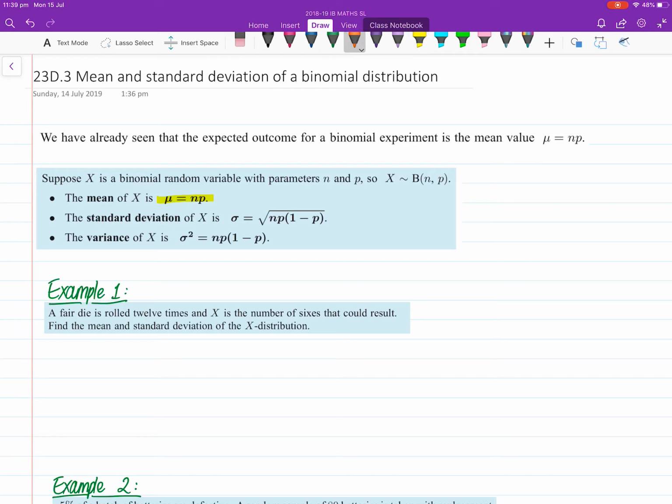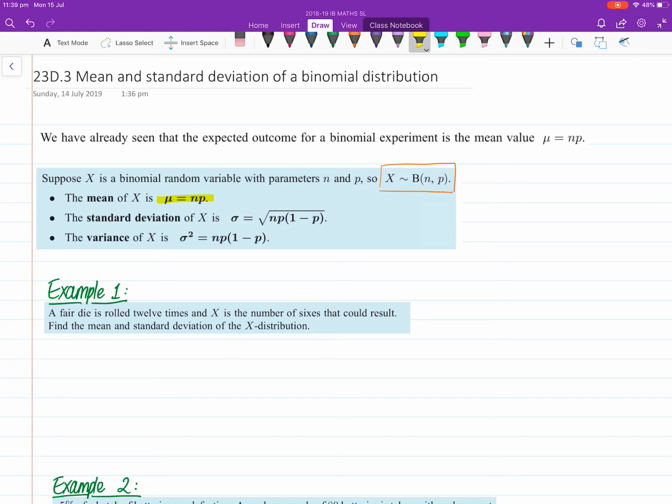We can also express the scenario like this: X, the random variable, or the number of successes we're talking about, is distributed across a binomial experiment with n trials and p probability, with those parameters.